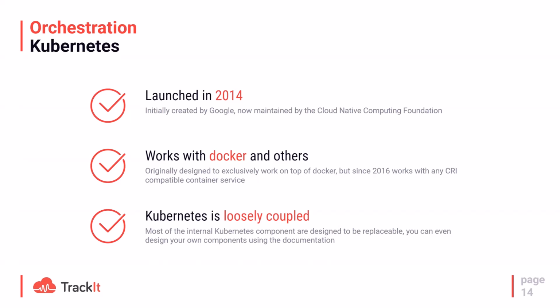It has been designed in the first place to work with Docker, but since 2016, the core system of Kubernetes changed, and it can now work with any compatible container service. In fact, at the moment, when you install Kubernetes, it's not even running with Docker by default. So they are really separate projects, but using the same technology at the base.